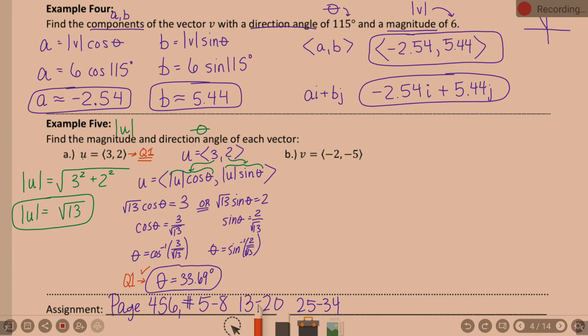Now, why do I ask that question? Because the angles in other quadrants, you might have to adjust your answer. Like subtract from 360, subtract from 180, add to 180. You might have to do some various tricks to get your answer to land in the other quadrant. Okay? So just kind of an FYI there.